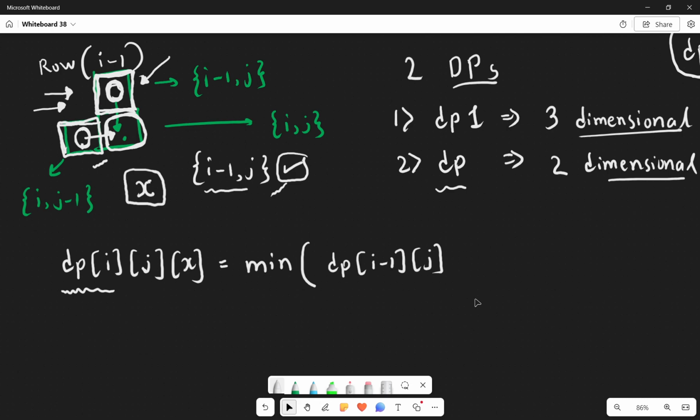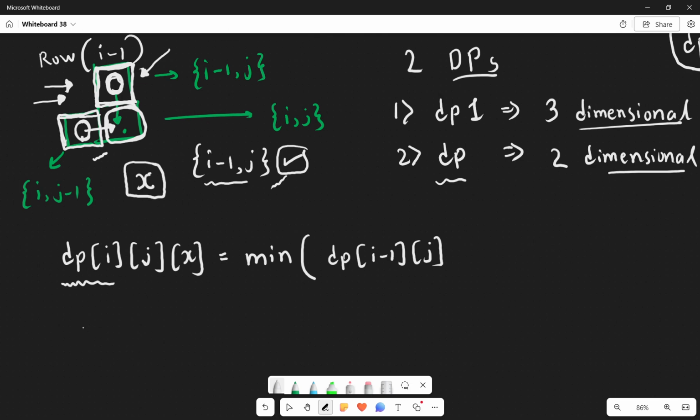What I'm trying to say is that, when you are trying to calculate the answer for this cell I comma j after performing the x operations, it may happen that your dp1 of I comma j minus 1 comma x is not your optimum answer.